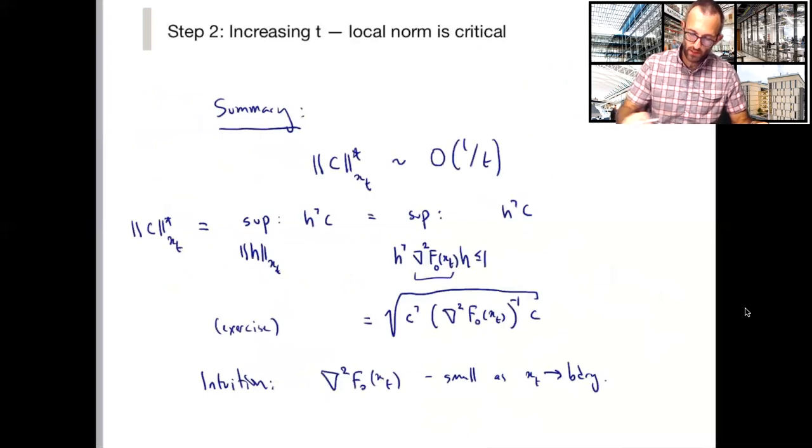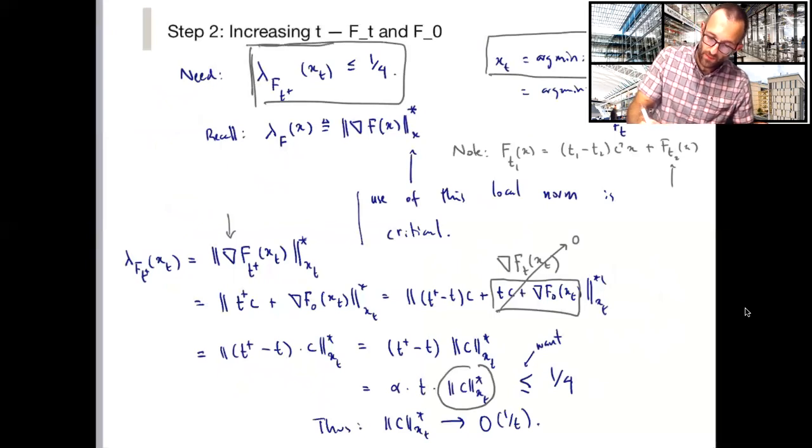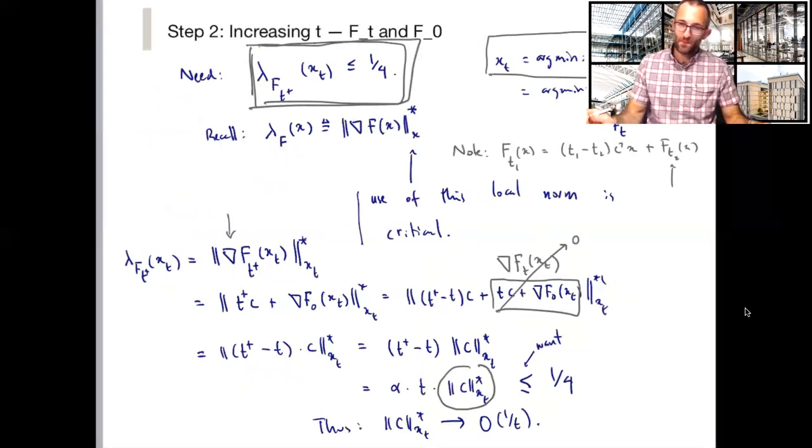And we computed that lambda of ft plus of xt is equal to alpha times t times the norm of c at xt.